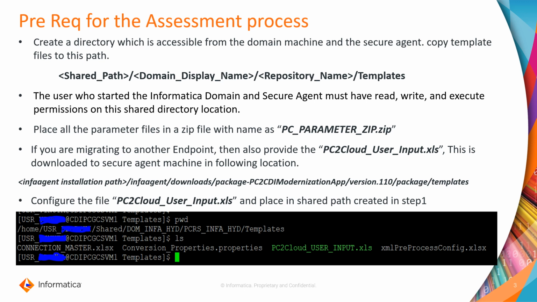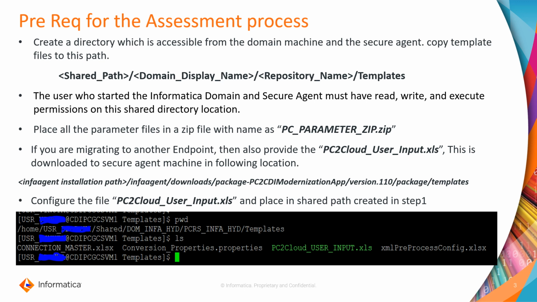If you are migrating to any other endpoint, for example, you had your target system as Oracle in Power Center, but with modernization you have now also migrated your target system from Oracle to Snowflake, in such cases you also have to configure PC to cloud underscore user underscore input.xls.